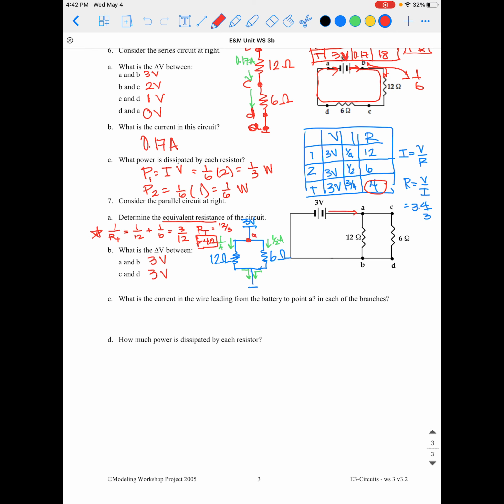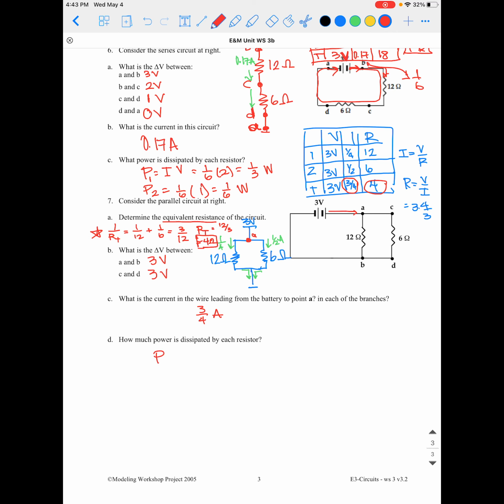And we want the current leading from that battery to point A, which is the total current. And we already established that total current is 3/4 of an amp.